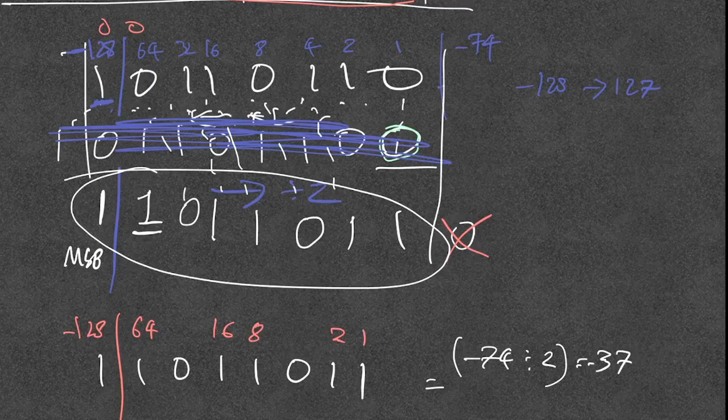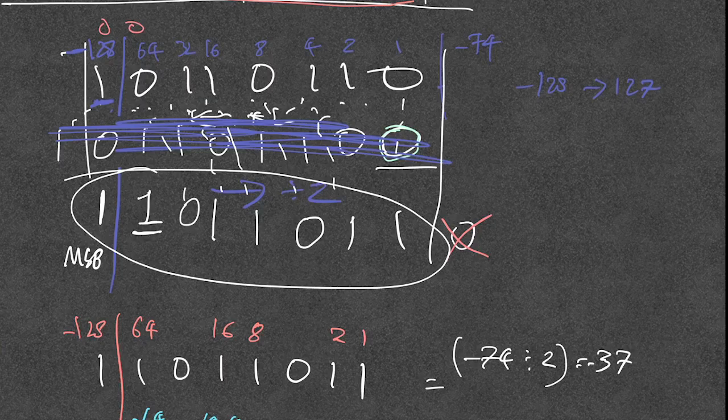So if we have a minus 128 plus 64, we have minus 64, right? Then minus 64 plus 16 is minus 48. And then plus 8, so it's minus 40. And then minus 2 is minus 38, and then finally the minus 1 is minus 37.